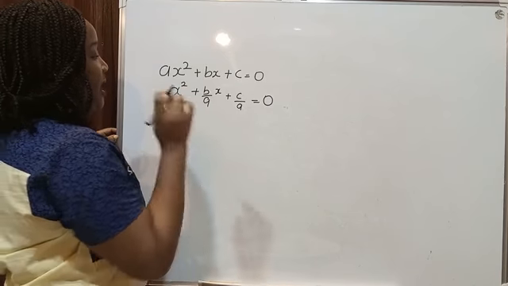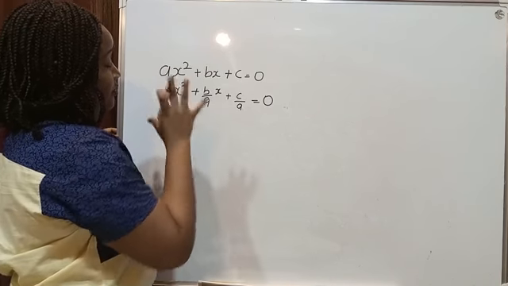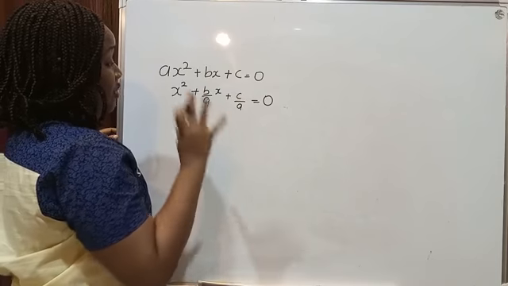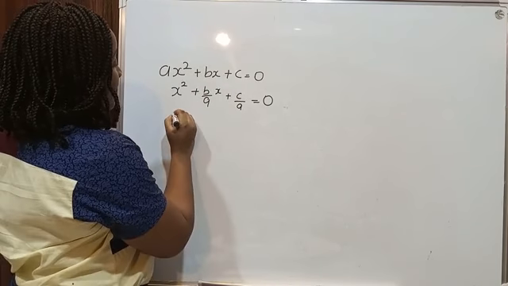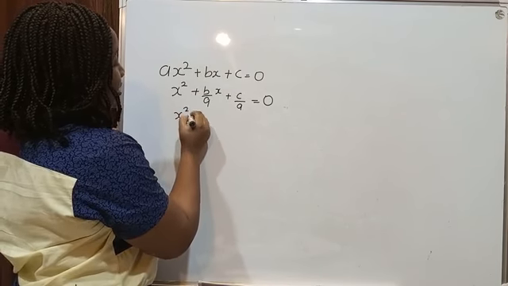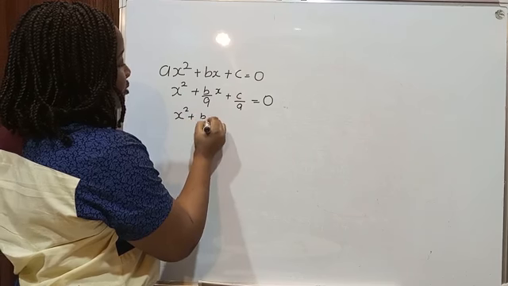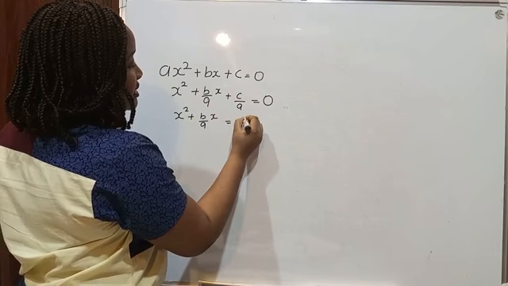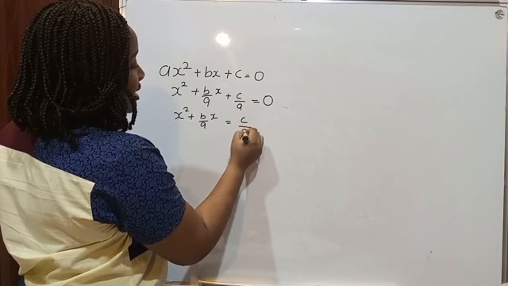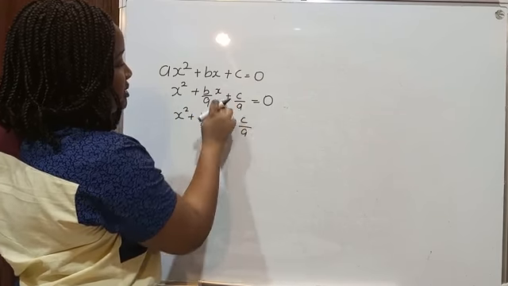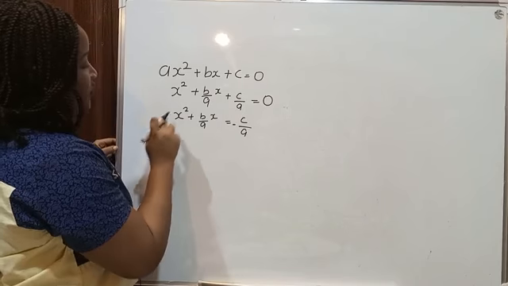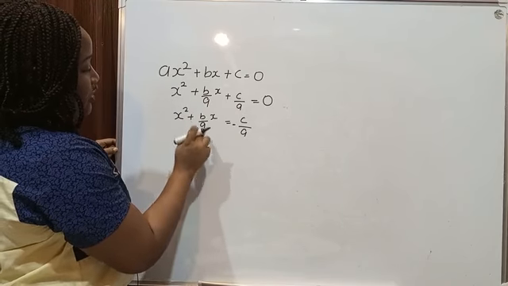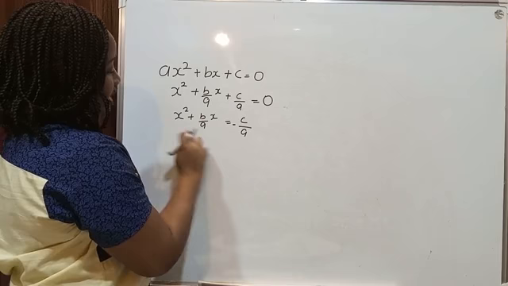Remember our completing the square method from the previous video. We have x squared plus b over a x equals minus c over a, because a positive moves to negative. Now, you try to make it a complete square.